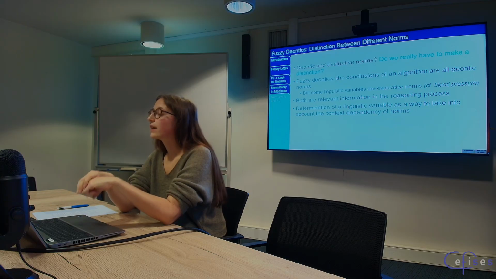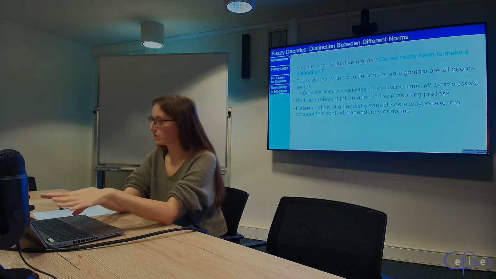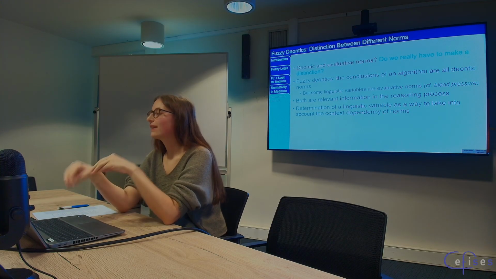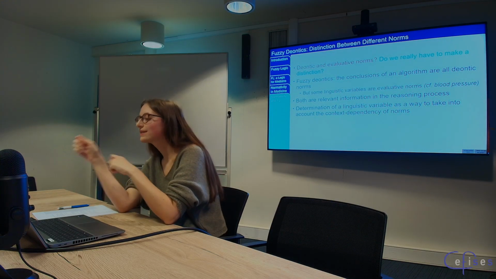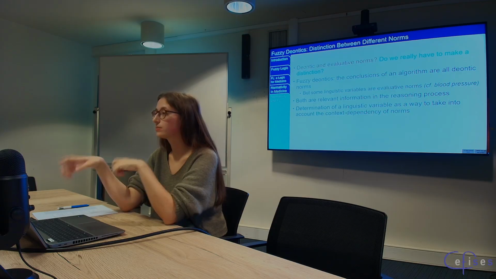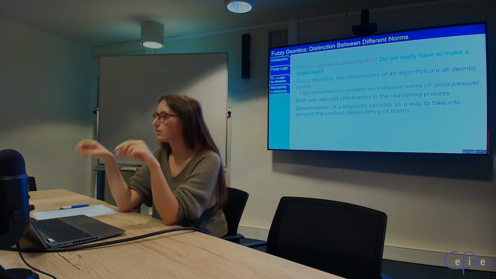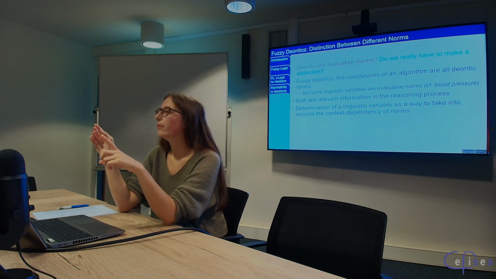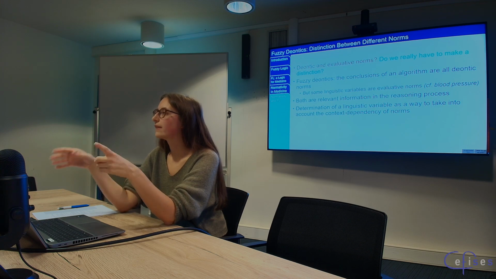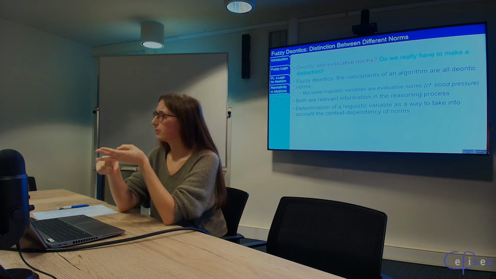Both are considered as relevant information in the reasoning process, and we may also say, I'm really not sure about this part, that the determination of linguistic variables is a way to take into account the context dependency of norms, because I said that the graphs that we have about systolic and diastolic blood pressure are based on data for American adult men.